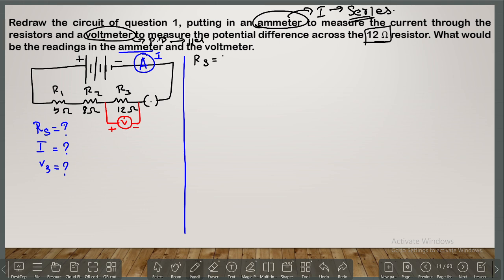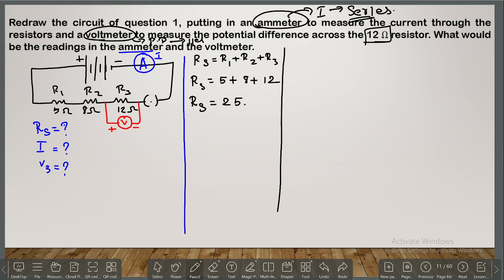Rs is equal to R1 plus R2 plus R3, which is 5 plus 8 plus 12. Therefore Rs will be equal to 25 ohm.